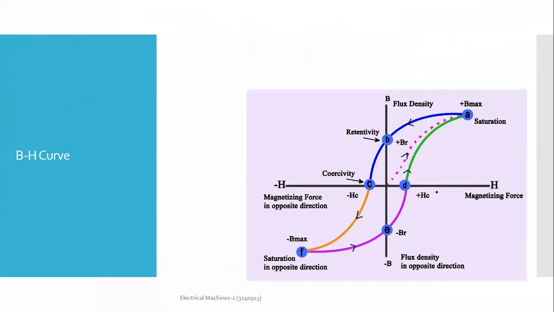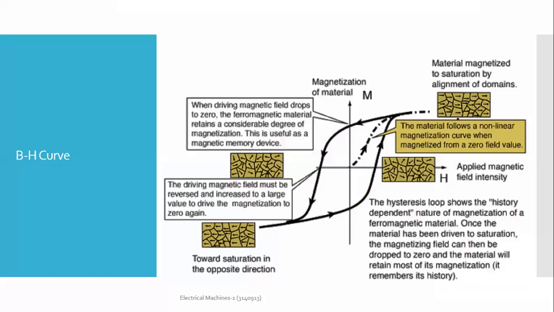This is magnetizing force versus flux density when it is magnetized for the very first time, and then retentivity property, residual flux, and coercivity, the coercive force, the force required in the negative direction to make the residual flux zero, and then this is the change in the direction. Now you can visualize this here. Whatever we have discussed is shown.